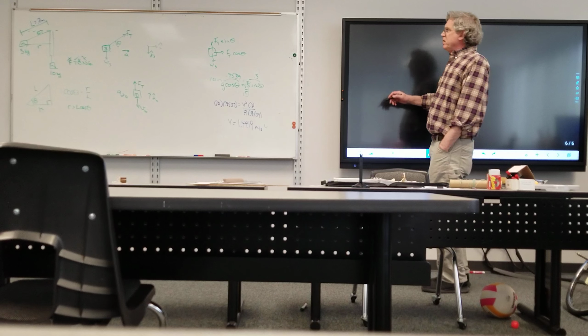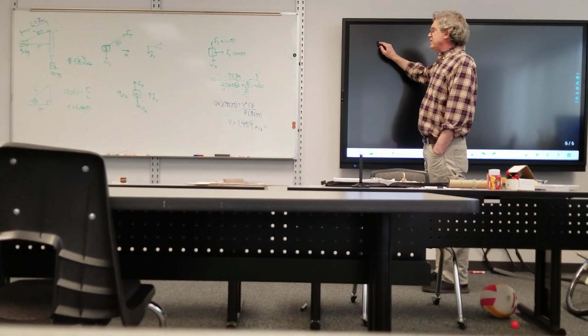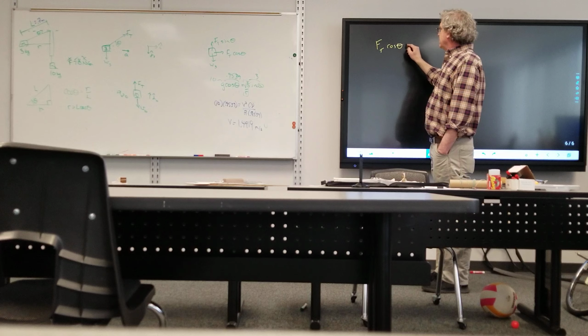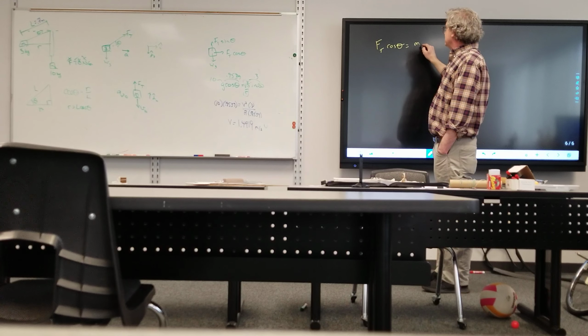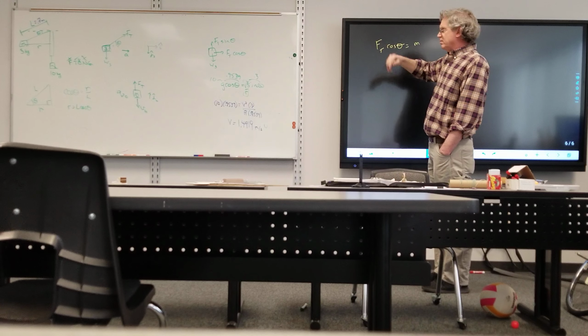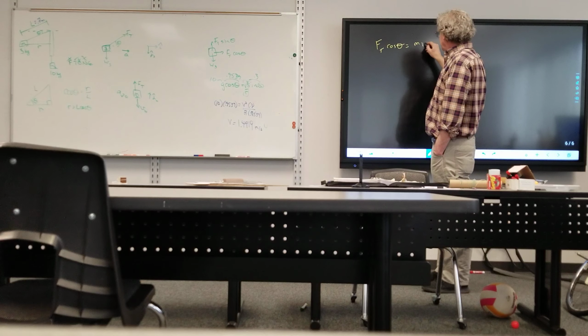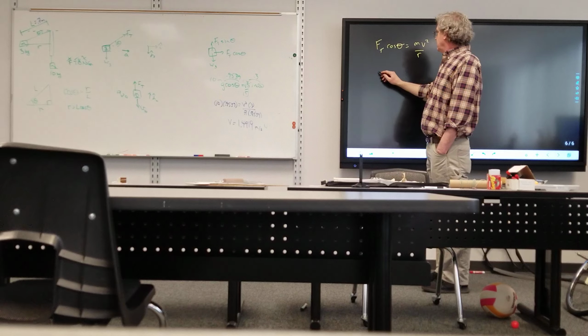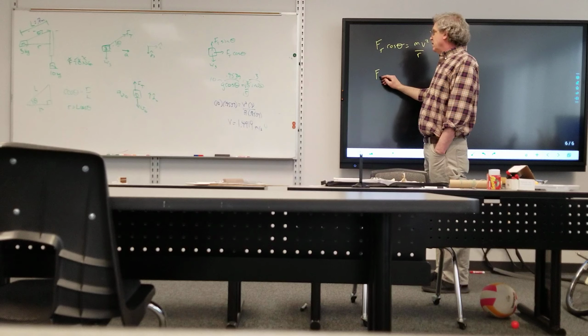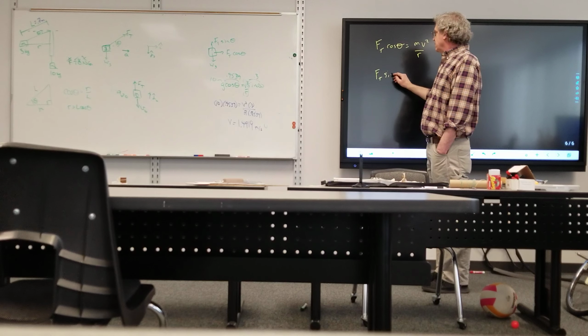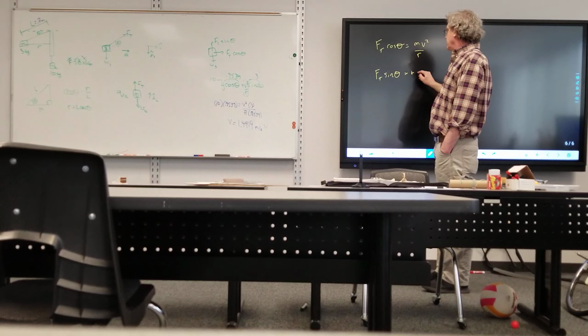All right, as it's spinning around, we had Ft cosine theta is equal to m, I'll just use little m to represent the swinging mass, m v squared over r, and Ft sine theta is equal to m3 g, or m just mg.